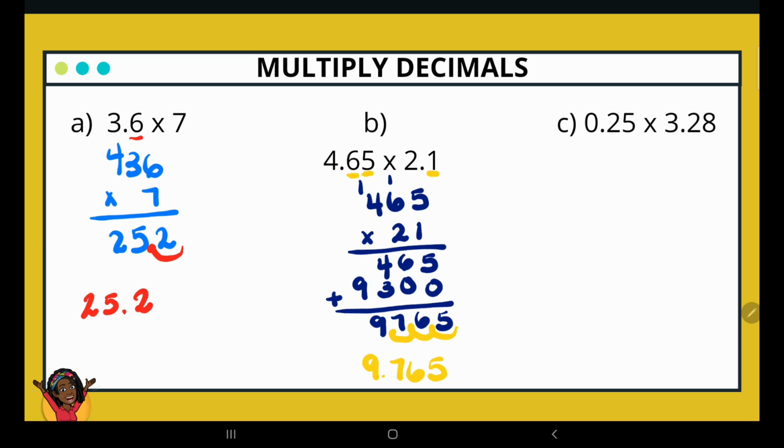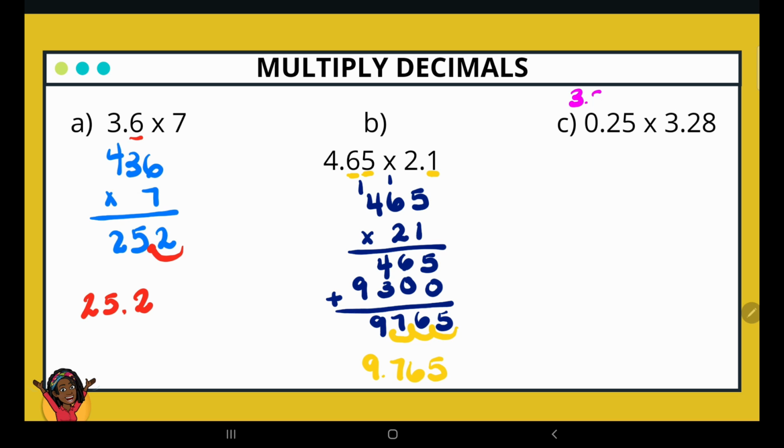So now for our third example. So here we're working with the numbers 0.25 and 3.28. As we've talked about previously, we know that multiplication is commutative. So I can choose to rewrite this with the bigger number first and then the smaller number second. So I'm going to start off by just flipping the order of these numbers.